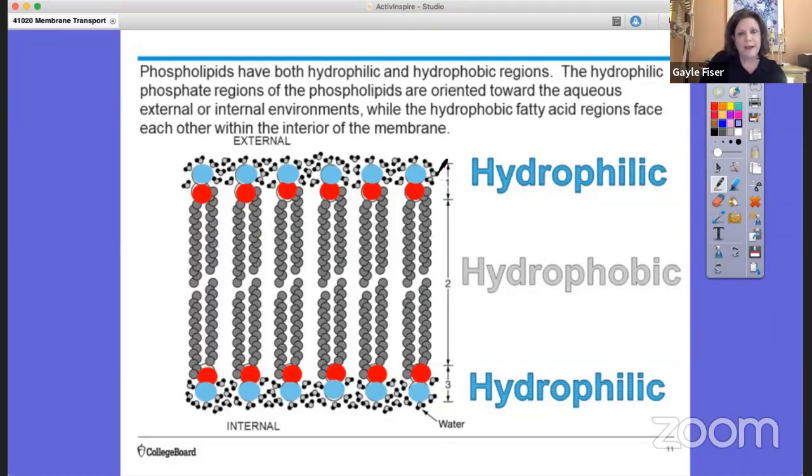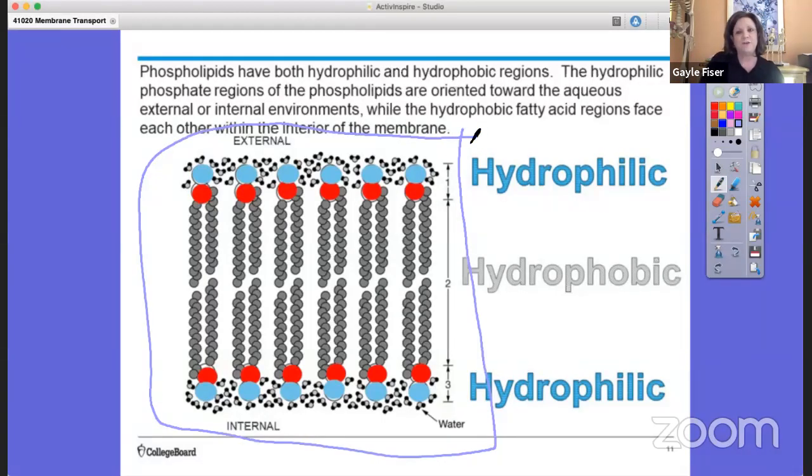So if you look at this, we're looking at a phospholipid bilayer. In here are our fatty acid chains. They're hydrophobic. And here is the phosphate head of our phospholipid, and those are hydrophilic.